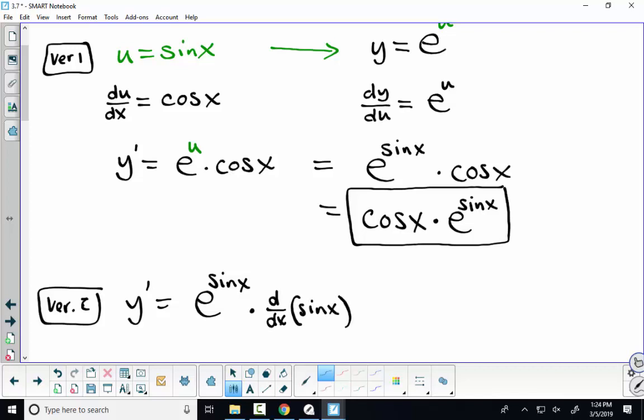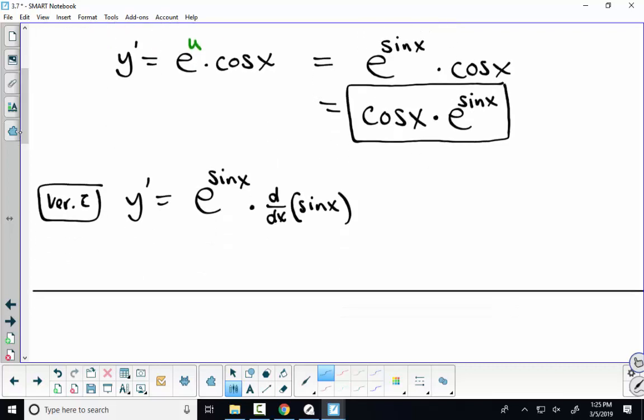And we see that version also gives us the cosine times sine, e to the sine. And we'll label this. So that e to the sine is just f prime of g. And this is g prime.